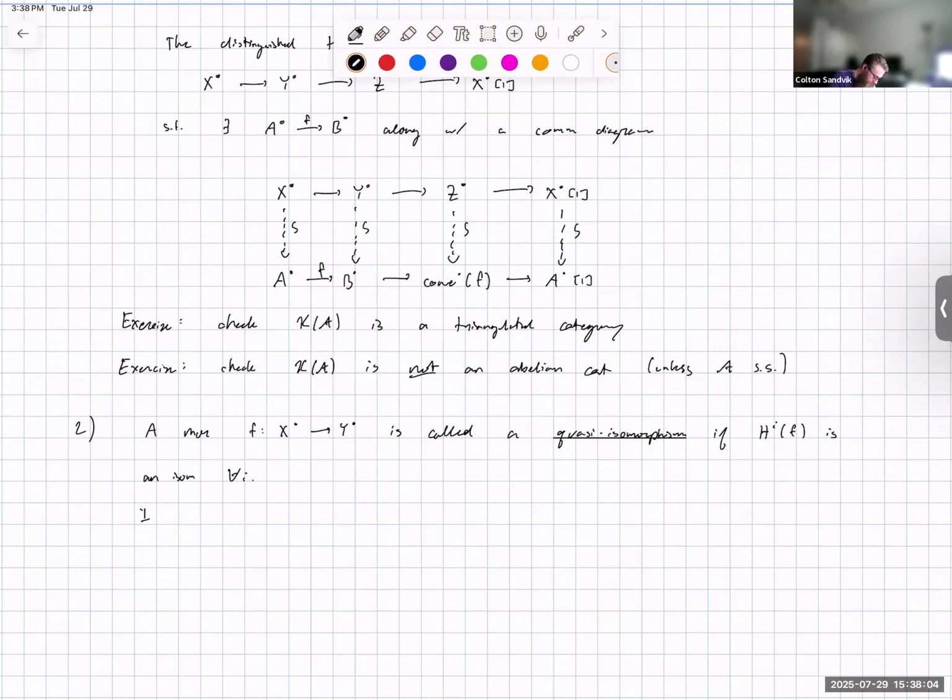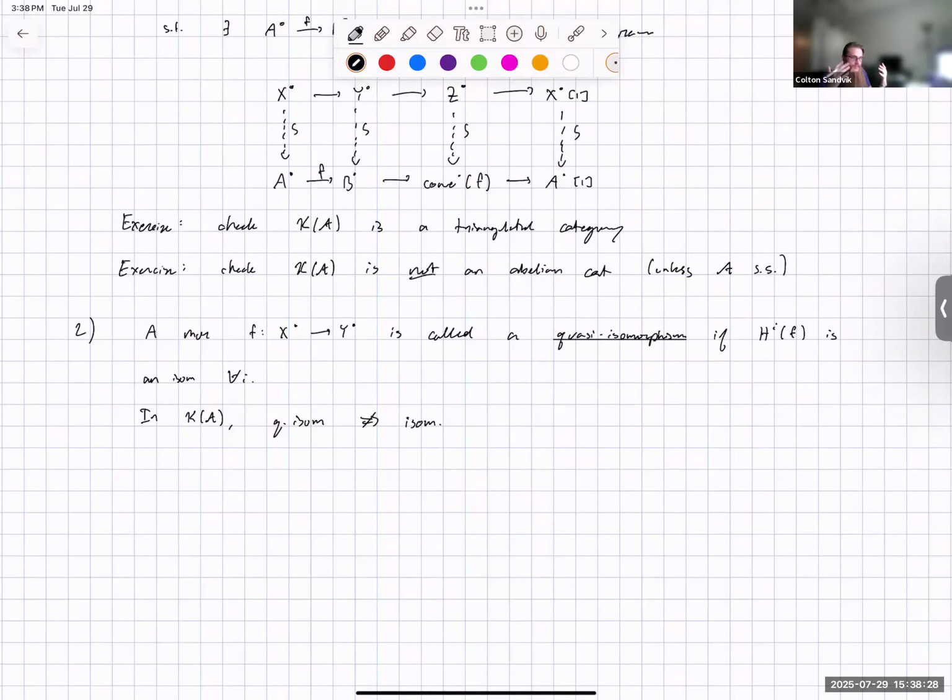And the key thing to note is that in K of A, quasi-isomorphism does not imply isomorphism. There's not always a map that goes in the other direction. So how do we get around this? There's a useful trick, which is that we can localize at the quasi-isomorphisms. We can just make those maps exist and force them to exist. And so that's what we're going to do.